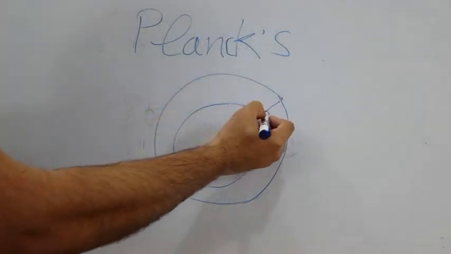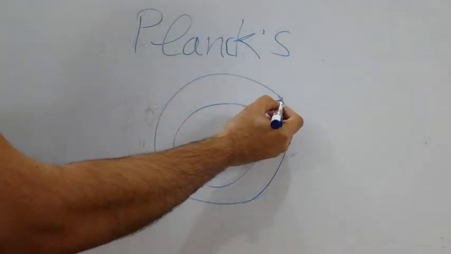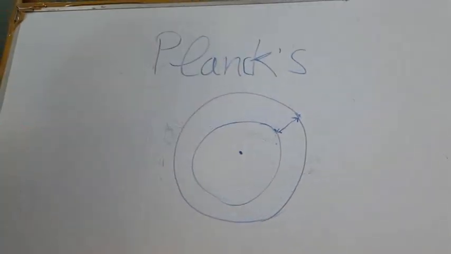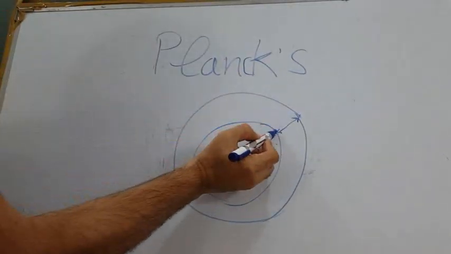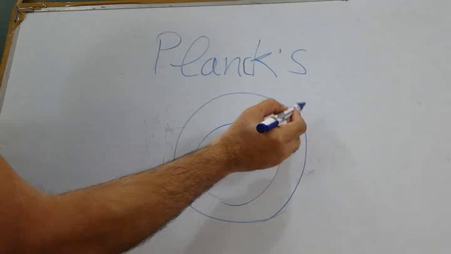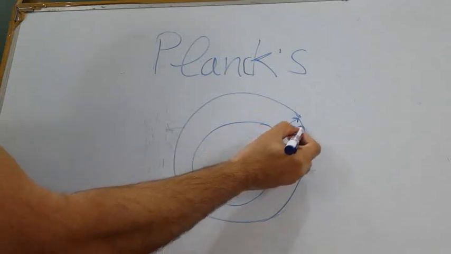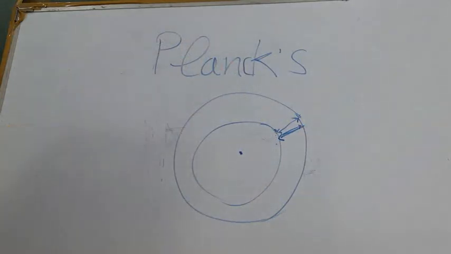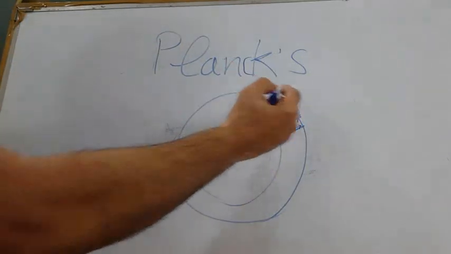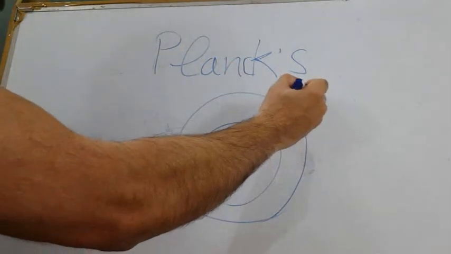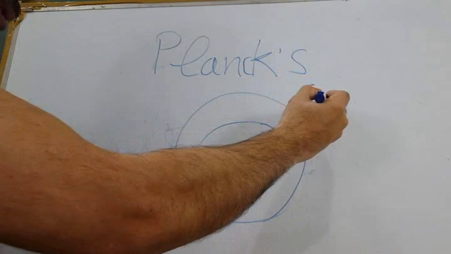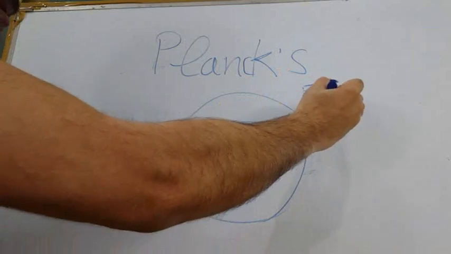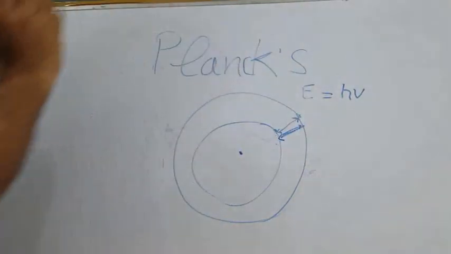And during transition from this to this, going from this orbit to this orbit, the net difference of this energy is emitted in the form of a single photon of that frequency, because according to the Planck's law, the photon of a certain frequency has this much energy.